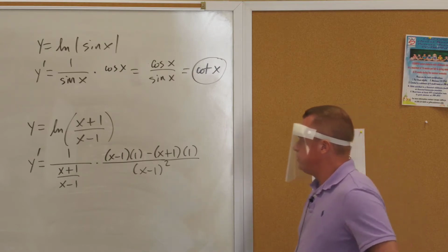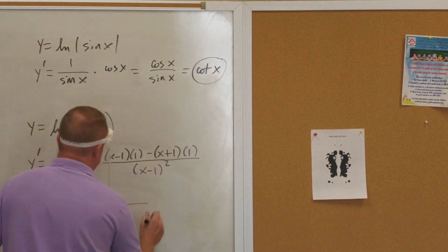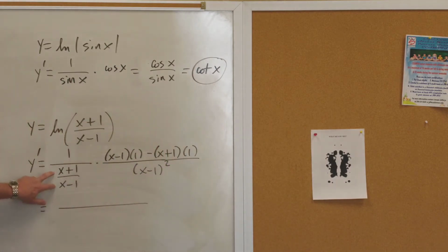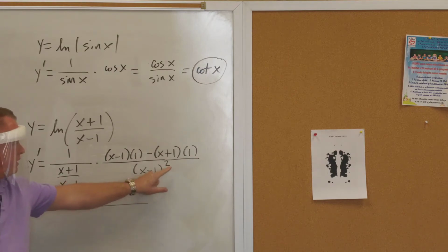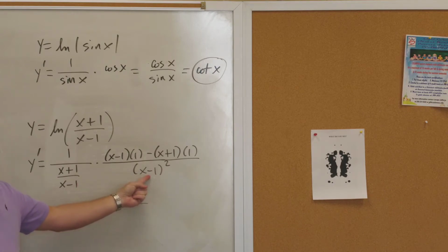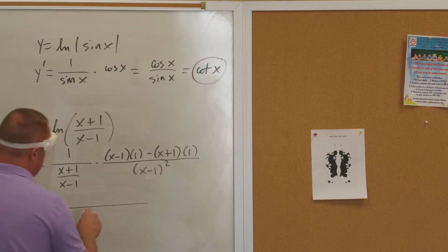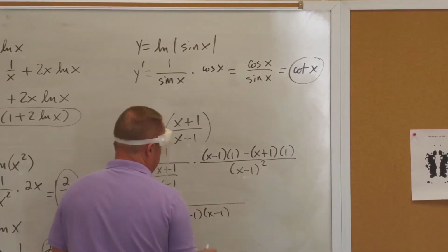And this actually reduces pretty well here. Notice on the bottom, if I take this fraction and multiply it by this one, I've got (x minus 1) squared over (x minus 1), so this one cancels with one of those. So I would get (x plus 1) times (x minus 1).